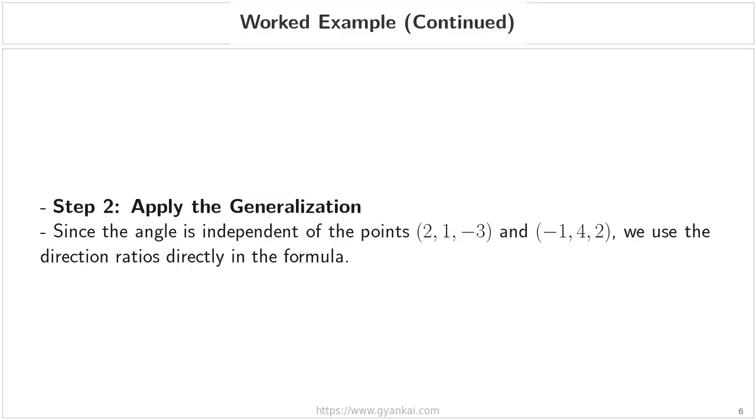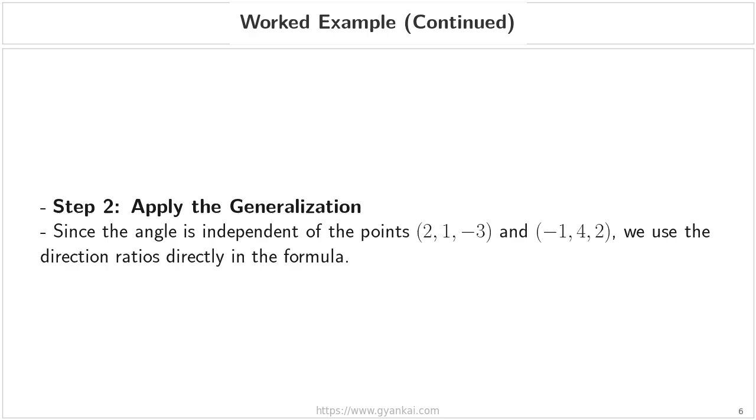Worked example continued. Now that we have successfully extracted our direction ratios from the equations in the previous slide, let's move on to step 2. As we discussed earlier in our concept overview, the actual position of the lines in space doesn't change the angle between them. So, even though our first line passes through the point (2, 1, negative 3), and our second line passes through (negative 1, 4, 2), these specific coordinates are actually irrelevant to our calculation.